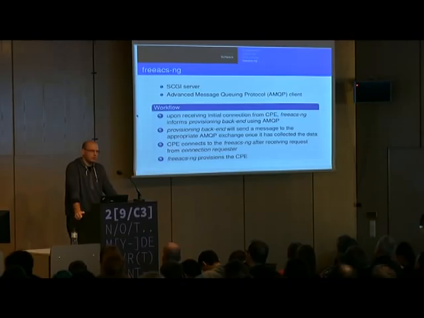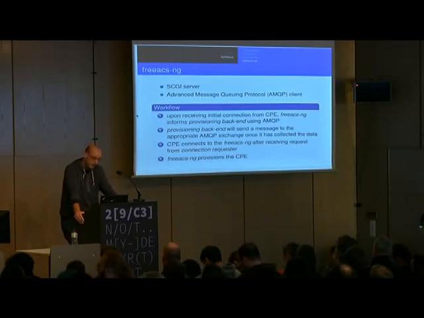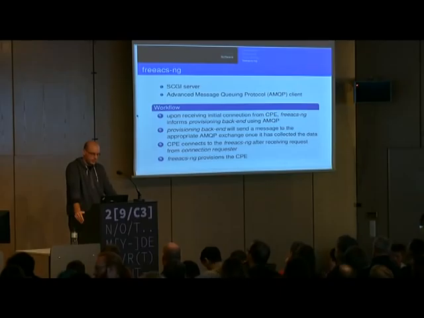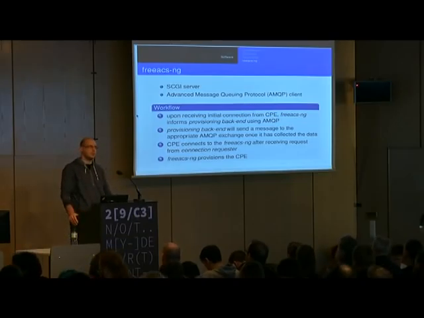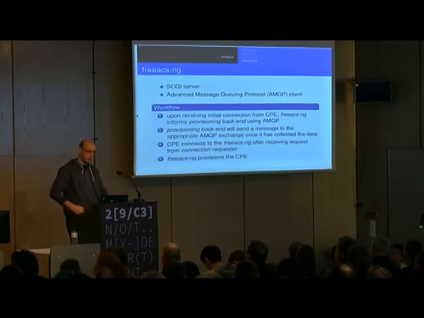It will collect the data it needs to collect and send it to another queue. Then FreeACS-NG will kick the CPE. I mean, it will order the CPE to connect back to the ACS. Then the CPE connects to the ACS, and FreeACS-NG will see that there is a message in the queue, and it will provision the CPE.